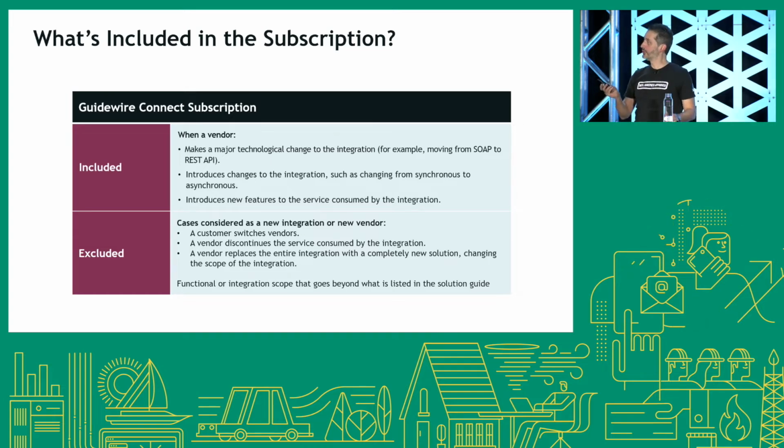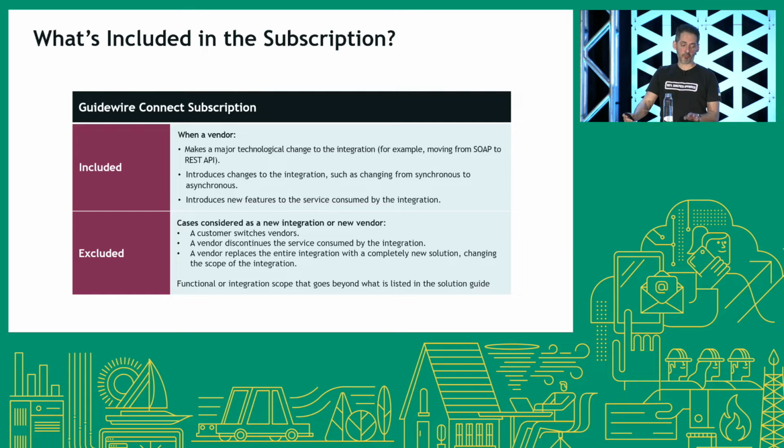What is excluded are aspects where some of the integrations are vendor-specific. If the customer decides to change the vendor, then it's no longer with that integration, so the subscription ceases. If the vendor discontinues providing that service, the subscription also ceases.